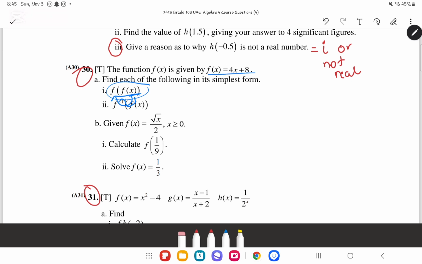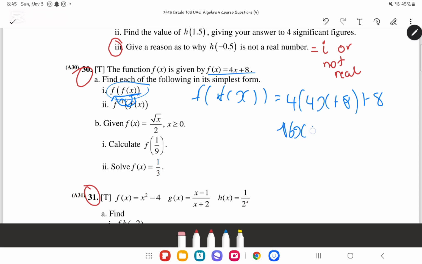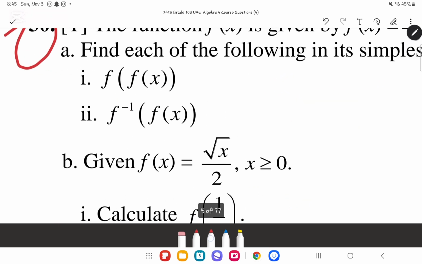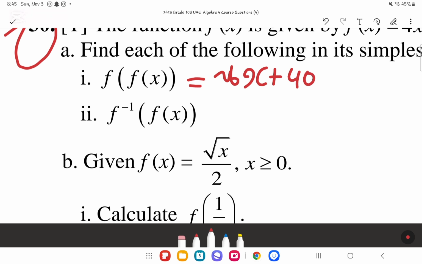Now we put it into f again, so it becomes 4 times 4x plus 8, plus 8. So it becomes 16x plus 32 plus 8. So then 16x plus 40. So the first one, we get 16x plus 40.